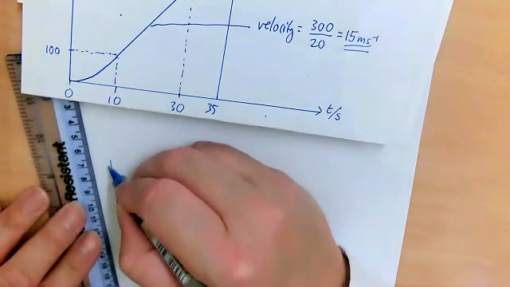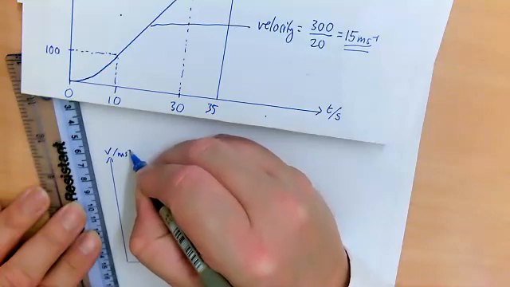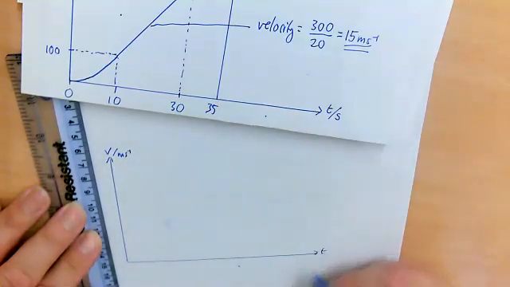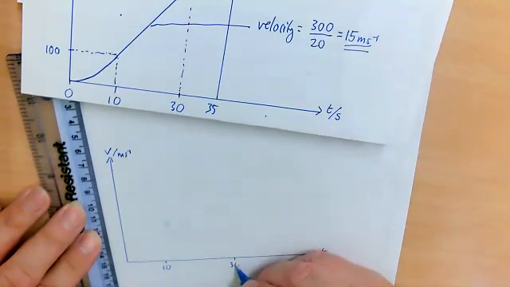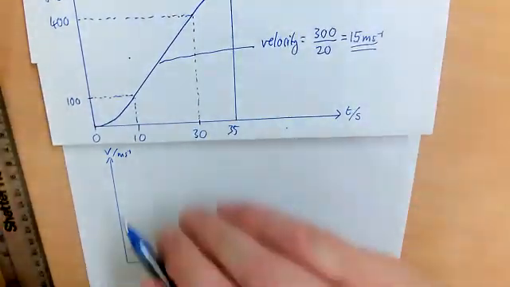But this time we did velocity in meters per second versus time. I put on my 10, my 30, and my 35. I could actually work out what I'm doing here.